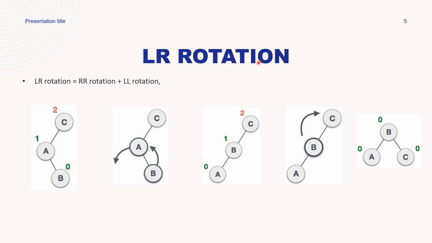Then what we need to do is an anti-clockwise rotation for the subtree from A and B. After performing the anti-clockwise rotation, that is the RR rotation, our tree looks like this.